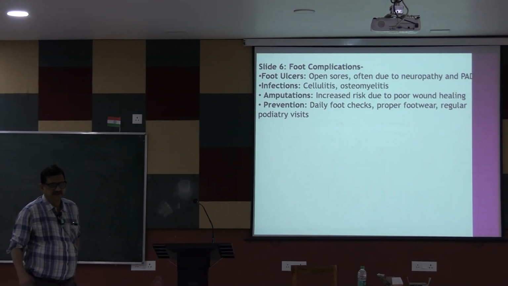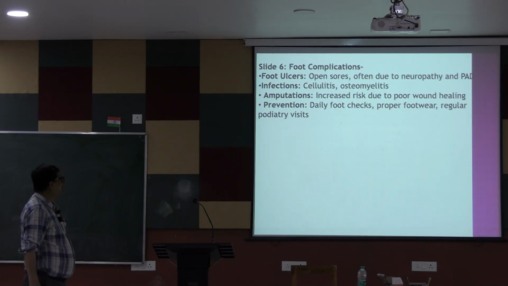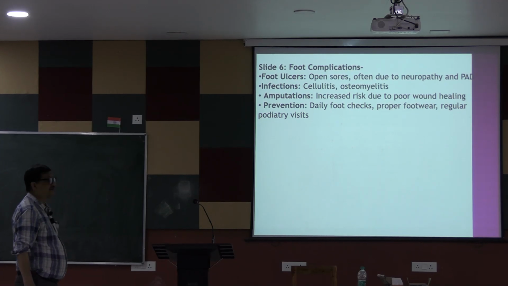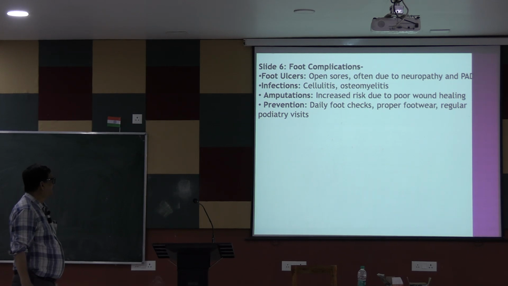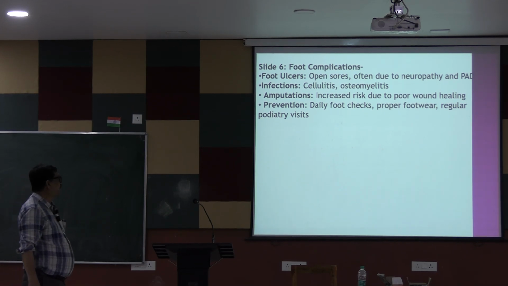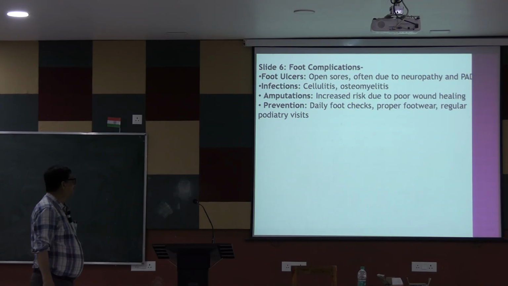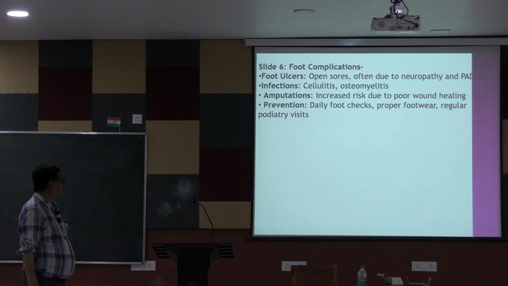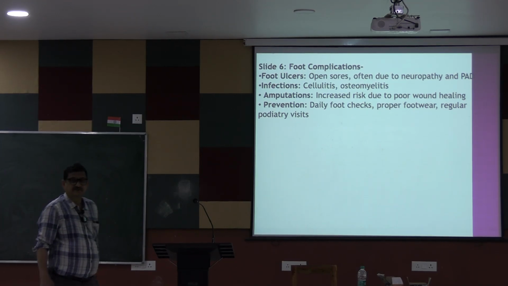They require multi-speciality involvement, otherwise we may lose the foot of the patient by amputation. Often it is due to neuropathy and peripheral artery disease happening simultaneously. Infections, cellulitis, osteomyelitis. There is an increased risk of poor wound healing, and we may go for amputations. Prevention is very important: daily foot checks, proper footwear, regular podiatry visits.